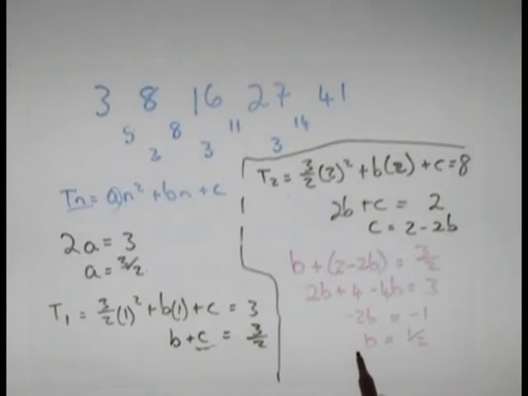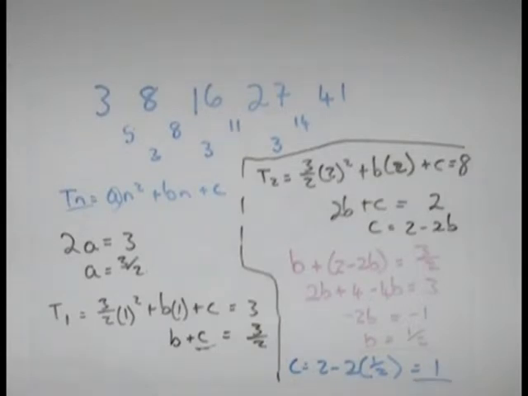If b is equal to positive 1 over 2, substitute that in there. That means that c is equal to 2 minus 2 times 1 over 2. 2 times a half is 1. 2 minus 1 is equal to 1.